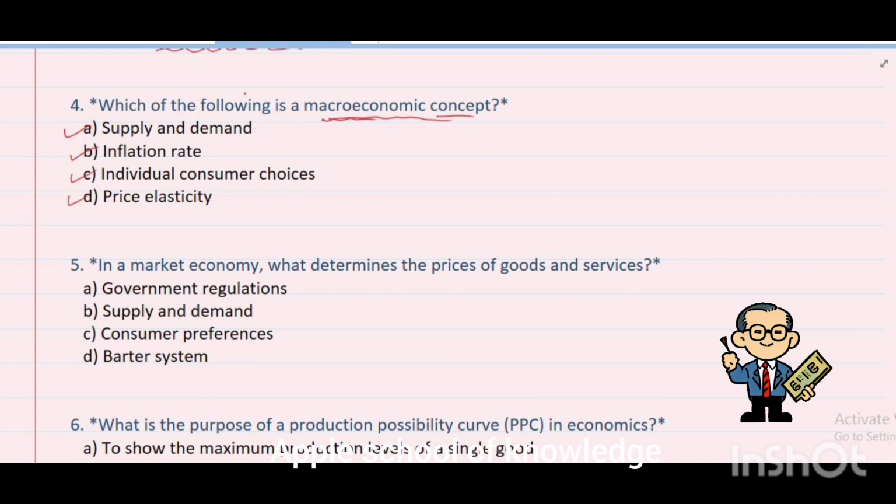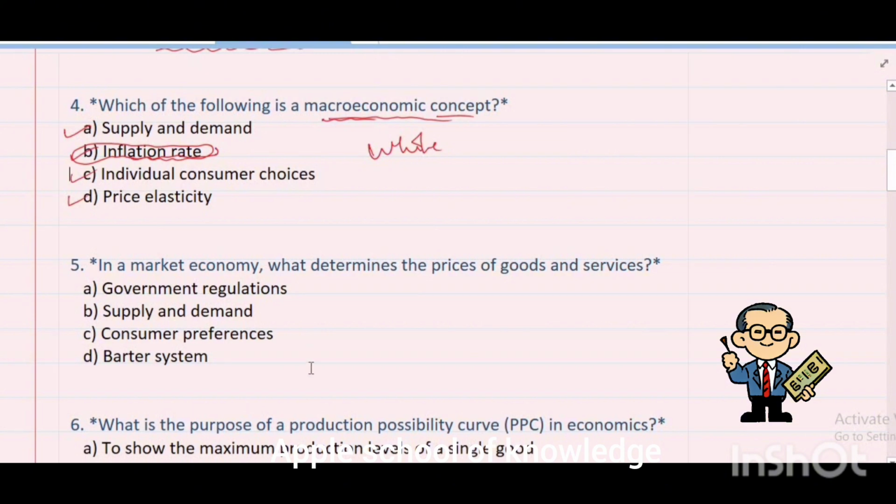So when we are talking about macroeconomics, then macroeconomics deals with the economy as a whole, including factors like inflation rate. So this is the correct option, the remaining deal with microeconomics. So option B is the correct one, inflation rate.